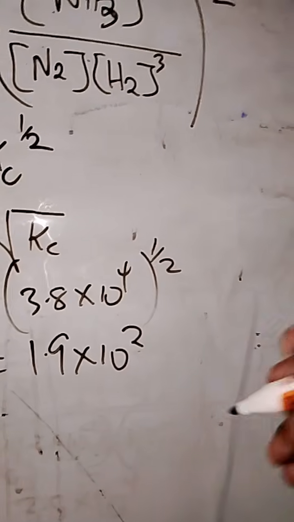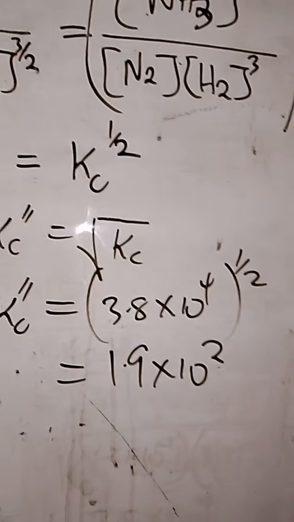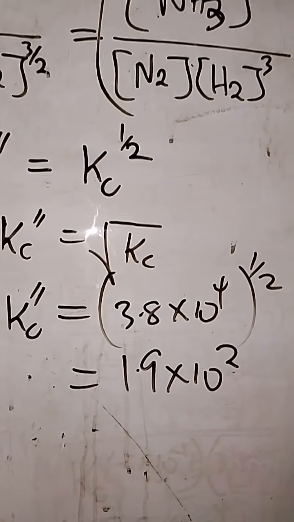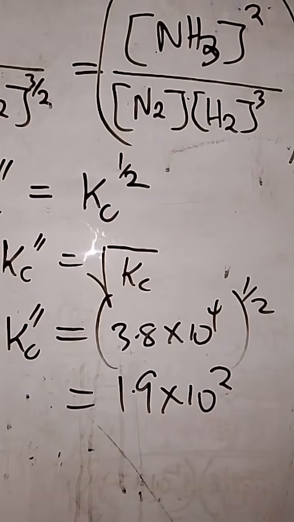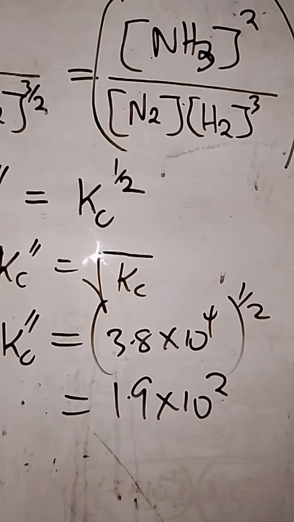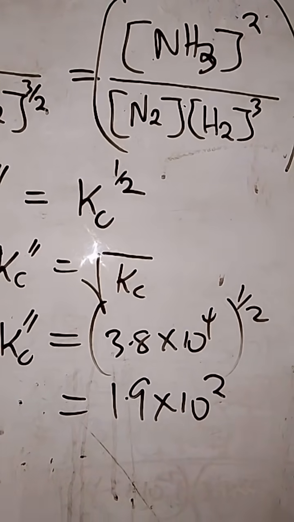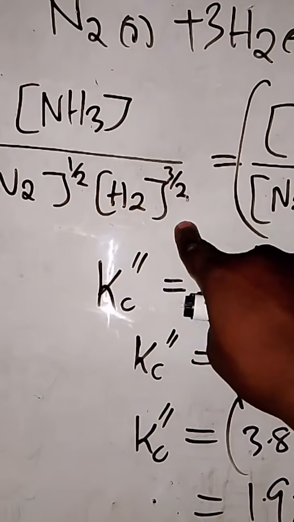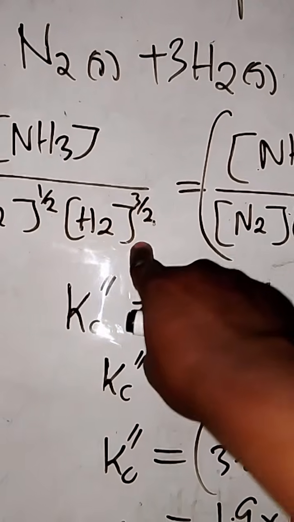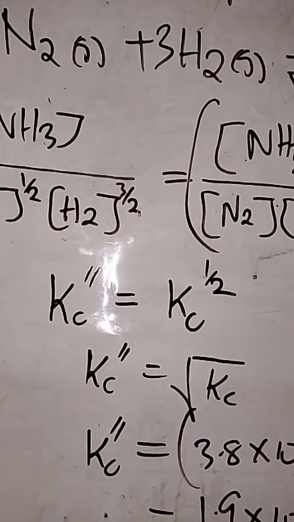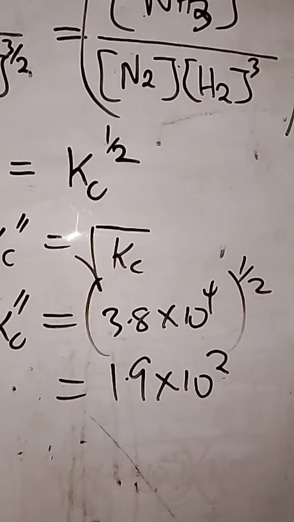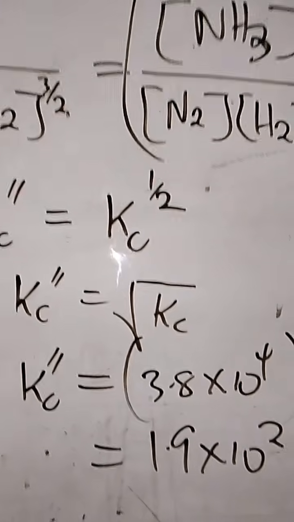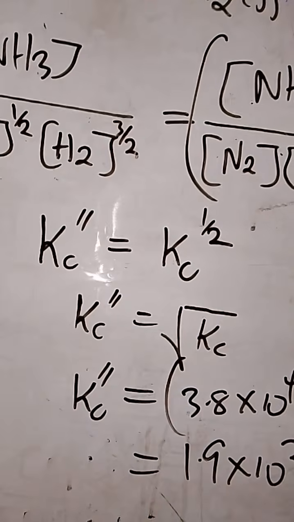Now if the reaction is reversed, the Kc prime is simply the reciprocal of Kc. Then if the original reaction is multiplied by some factor n, like the one we obtained in part 3, then the equilibrium expression is simply the square root, so Kc double prime will equal the square root of Kc.